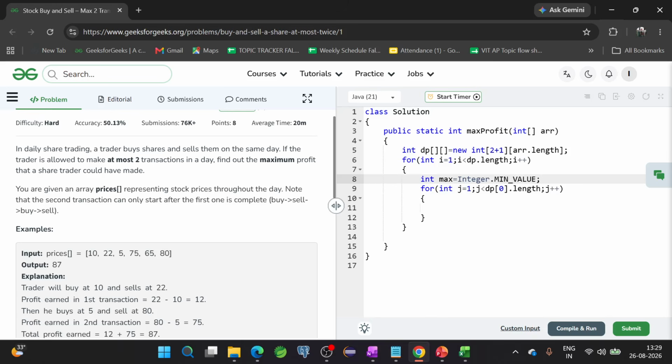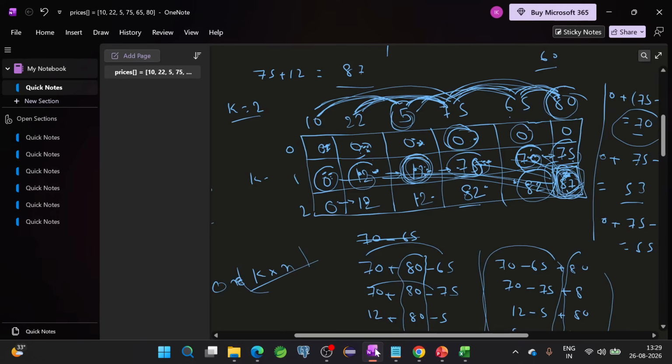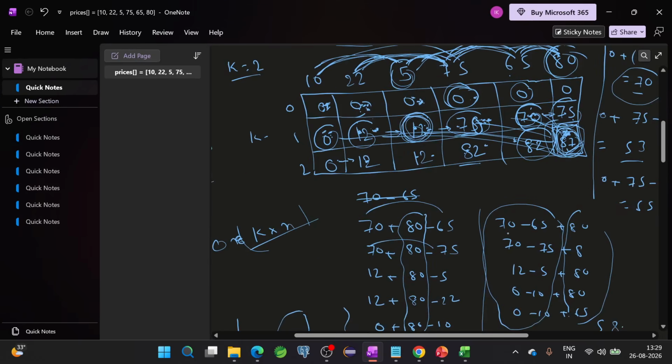Okay, so if max is smaller than, first one dp of i minus 1, j minus 1, it will check dp of i minus 1, j minus 1 minus array of... here you can check, I have created 70 minus 65, 70 minus this one, 0 minus 10, which one is maximum?